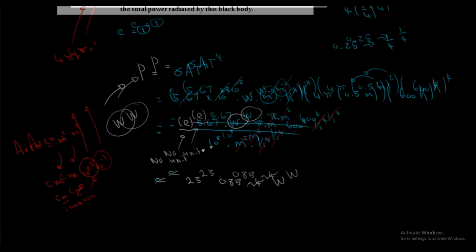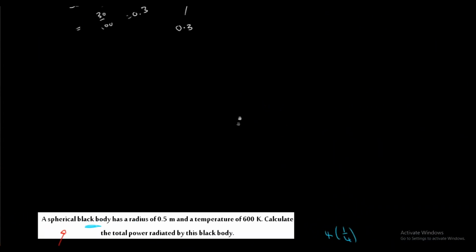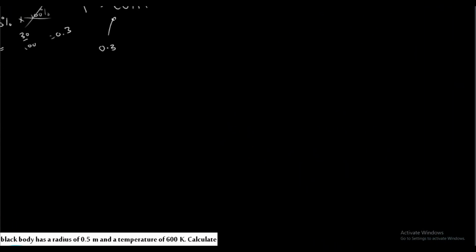Now I ran out of blackboard. Okay, so let's quickly look at this. E, Stefan Boltzmann's constant, and this is what you use for a topic that's known as gray bodies, where we have some emissivity. Okay, so let's rearrange to solve for T in this case, because that's usually the one students find a little bit difficult.